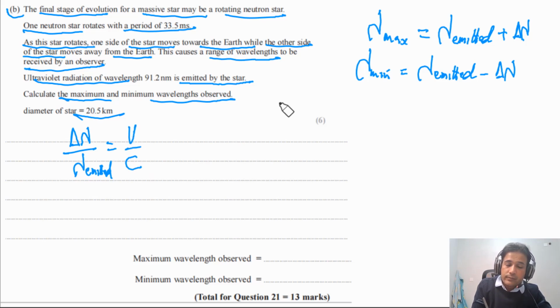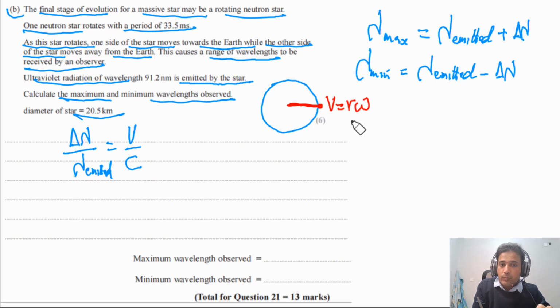So how can we find V? This is the star, and it has a certain angular velocity, and the tangential velocity is maximum at this point when it is moving towards or moving away. So we need to find this value of V, and that will be equal to R times omega.